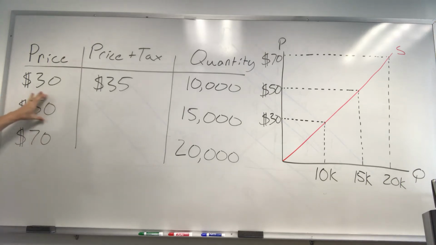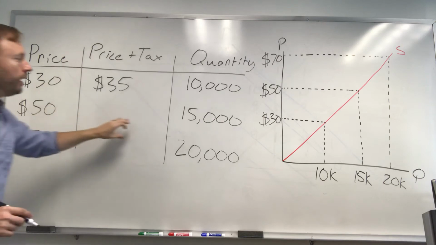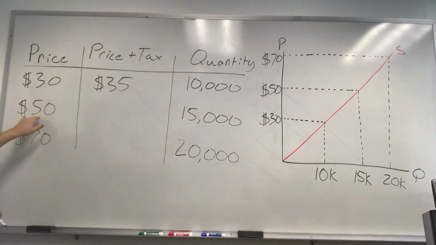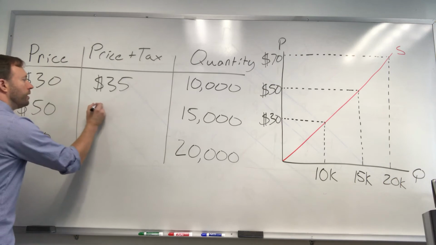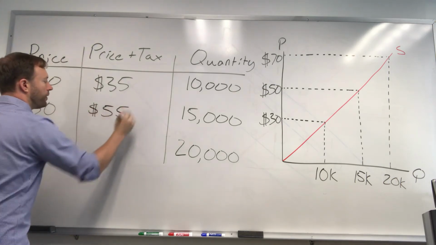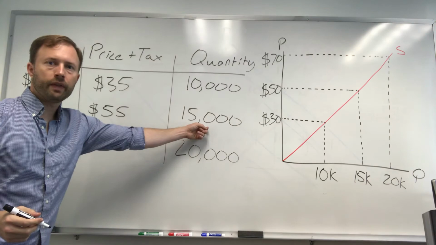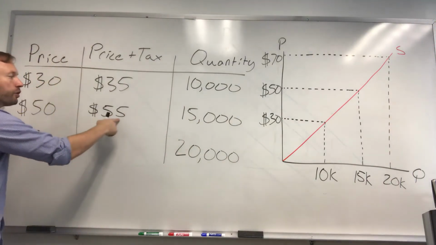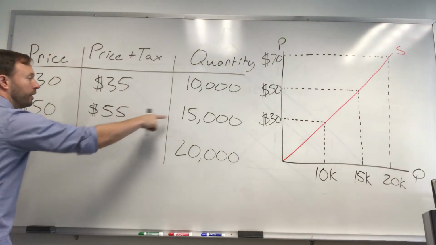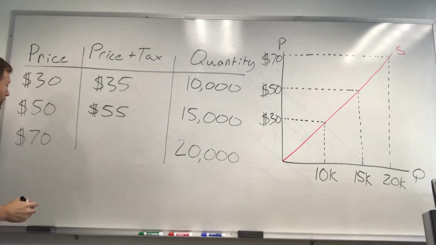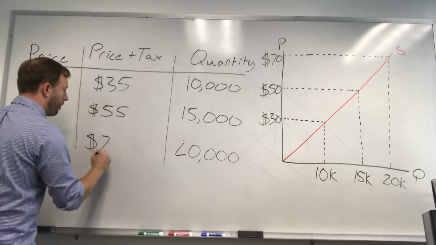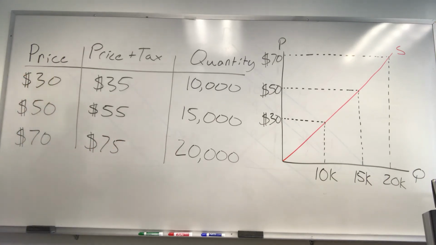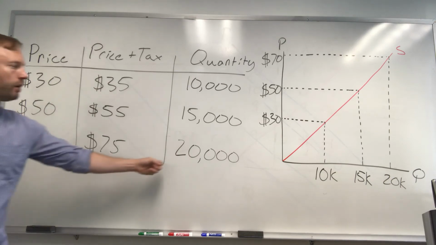If before you would be willing to sell 15,000 pounds at a price of $50 per 100-pound bag, well, now that it's costing you an extra $5 per 100-pound bag, you're going to need to receive that extra $5 to produce all 15,000 of those pounds. And then finally, if you're going to produce 20,000 pounds, now you would demand a price of $75. Otherwise, you wouldn't produce all of these.